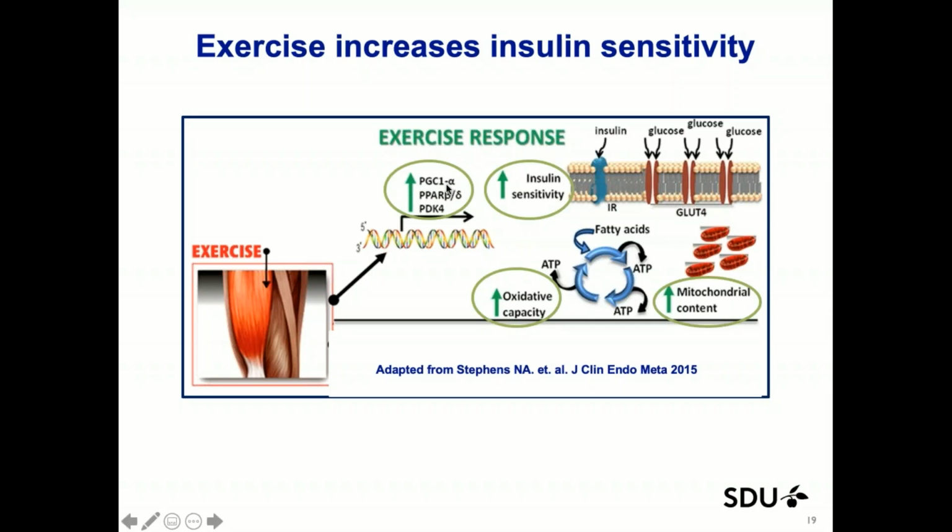Importantly, PGC-1 alpha, which is a key transcriptional factor regulating mitochondrial biogenesis, has also been shown to increase with exercise. Therefore, because of these beneficial effects, it's recommended that patients with type 2 diabetes are more physically active.